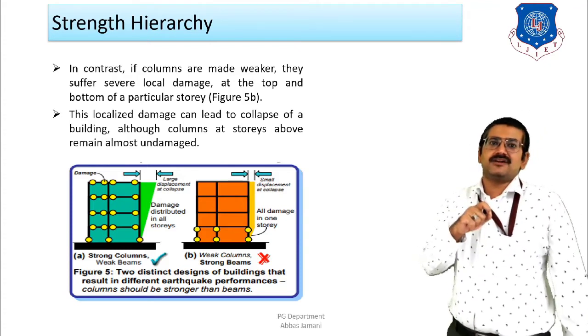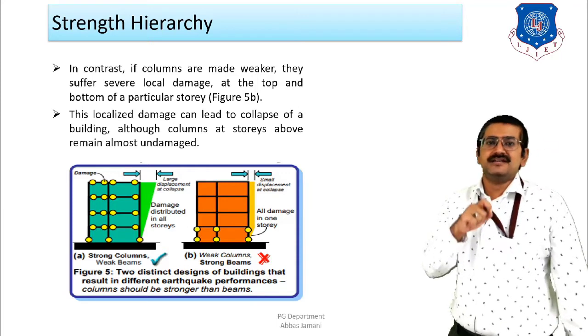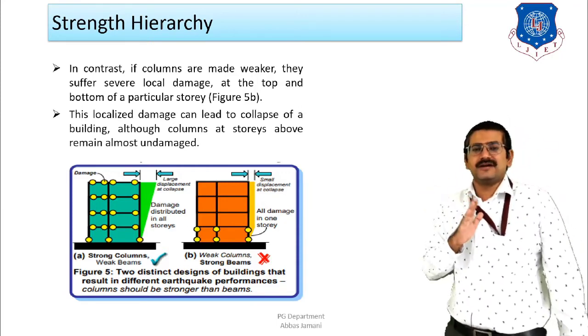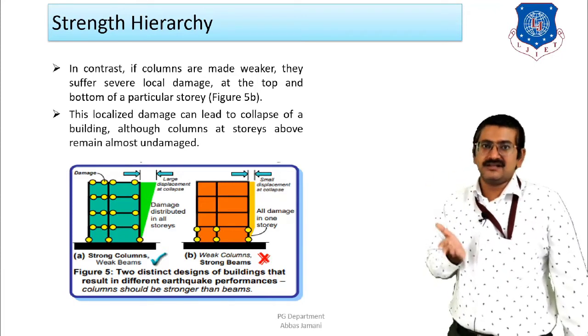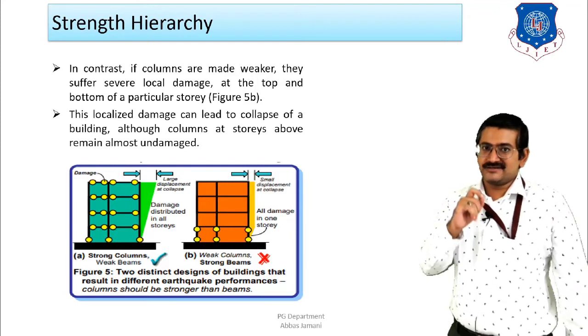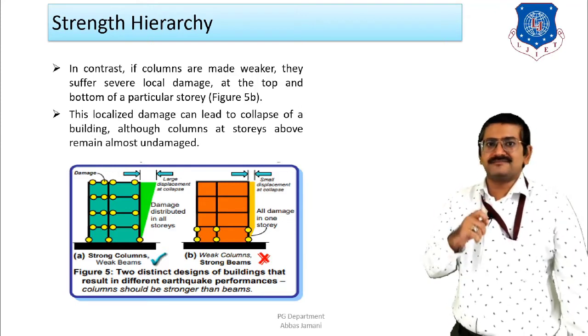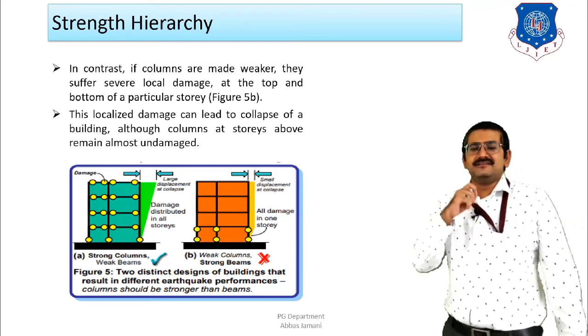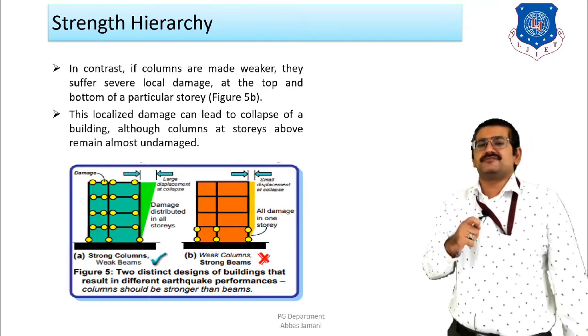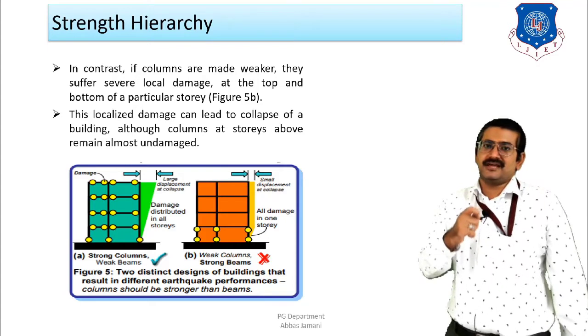And since the columns are global elements, a collapse of the entire building above is also likely possible, even though the damage is done at a very local level, but it is going to have a significant effect. Why? Because columns are the main element, and due to these columns only, the performance of the building can be enhanced or kept stable.